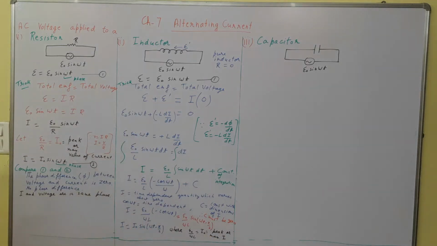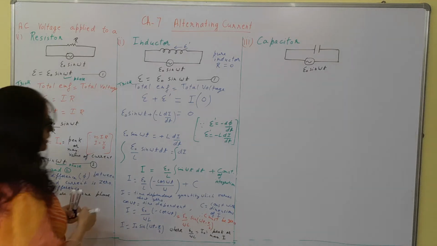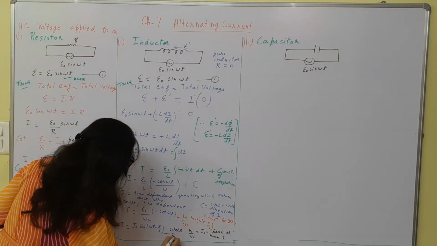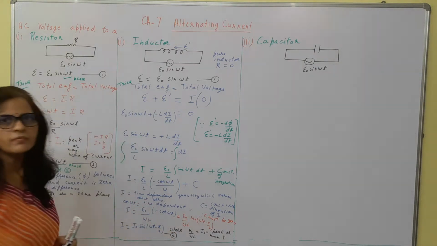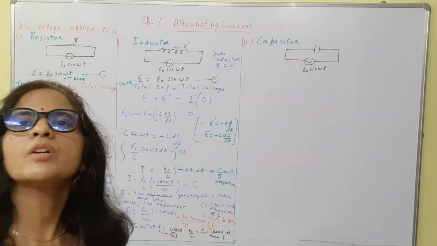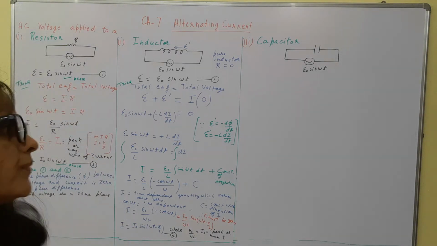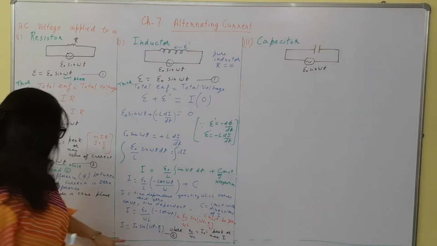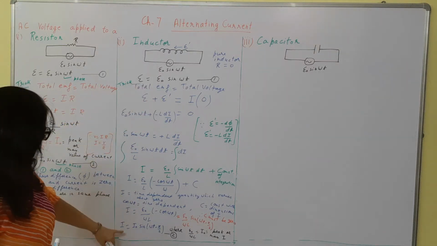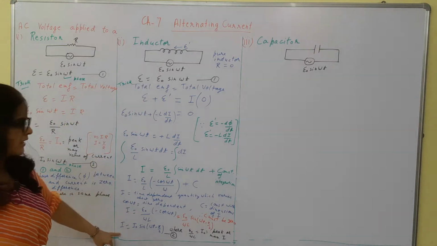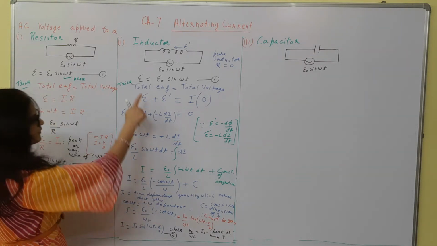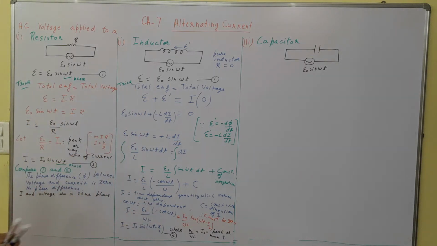Right? So if you look at this expression, equation 1 and equation 2, then we can infer from here that the voltage leads the current by pi by 2, or you can say current is behind the voltage by pi by 2, right?